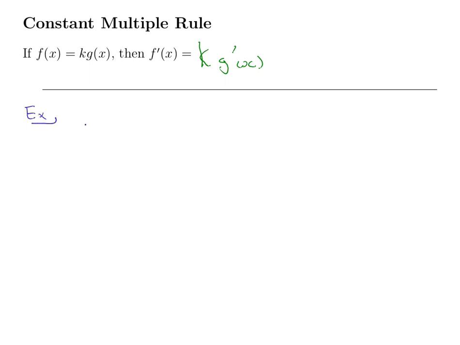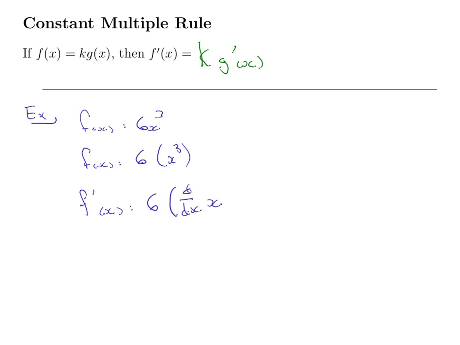Let's say that instead of x cubed, we have a function that's 6x cubed. What we're going to do is we're going to say this is really 6 times x cubed.